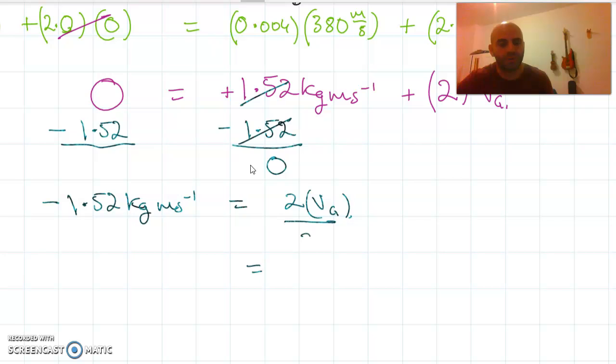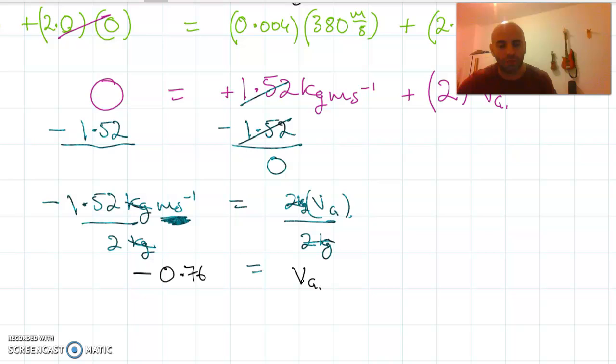Last little step is to divide both sides by 2 kilograms, because that was 2 kilograms on top. So that one cancels there. Here I've got 2 into that quantity, but watch the unit. The kilogram cancels with the kilogram, and I'm going to be left with a unit of meters per second. So that gives the final velocity of the gun equal to negative 0.76 meters per second. So the negative just means it's moving to the left, that's all.